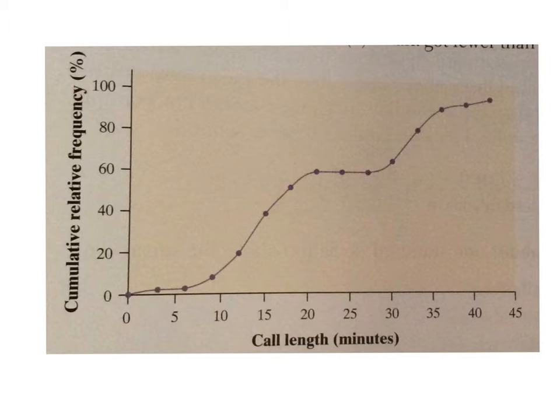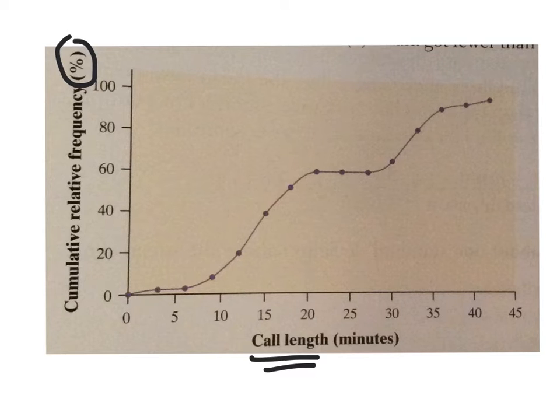Now, let's look at some of the major topics in Section 2.1. This cumulative relative frequency graph. Now remember, this has to do with the percentages. So it's kind of like a percentile graph. So in other words, if we wanted to know the 50th percentile for these telephone calls, in other words, how long were the calls, let's just do it.